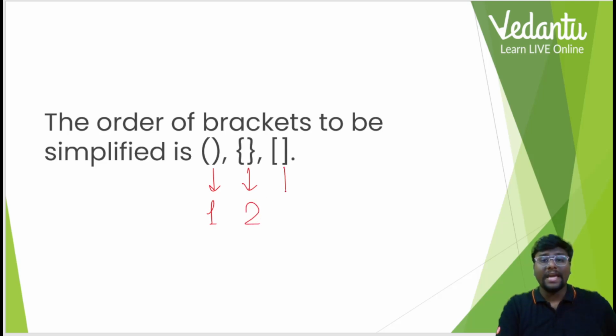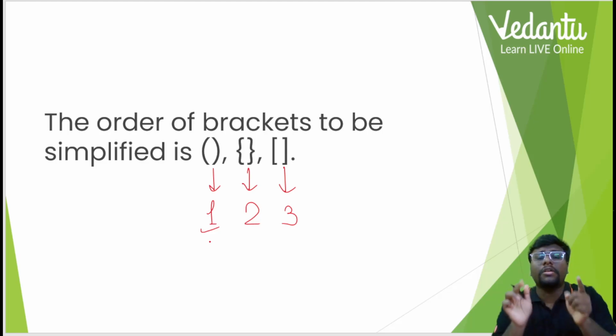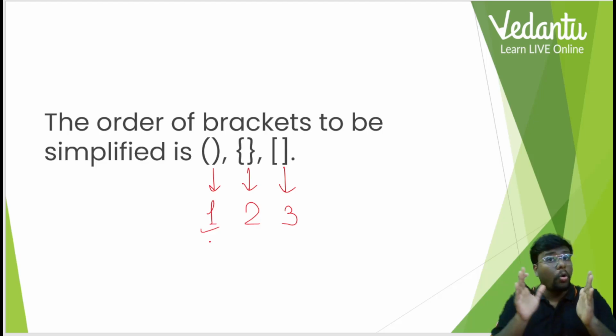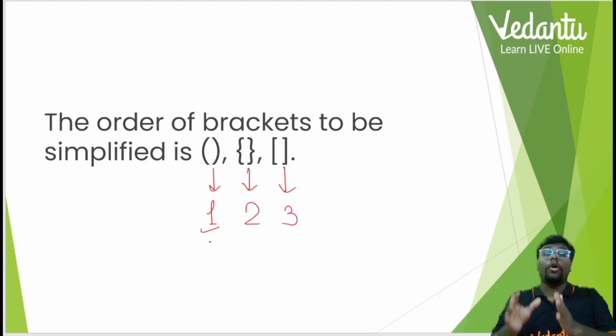Then comes the box bracket, or square brackets, third. You solve the innermost bracket first, that is the round brackets, then you go for curly brackets, then square brackets.